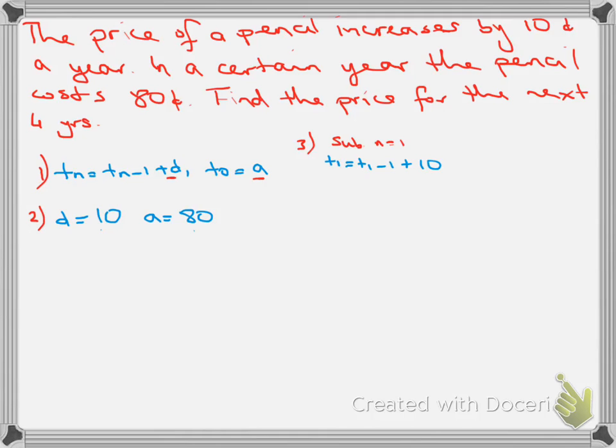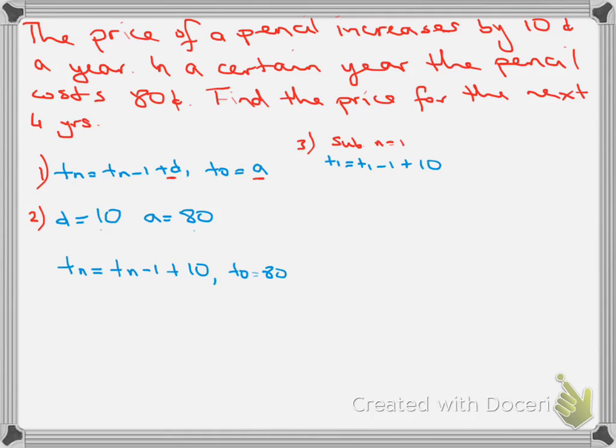If you want, you can rewrite the whole equation with the numbers in it: Tn equals Tn minus 1 plus 10, comma, T0 equals 80. You can write that down just to have it in front of you.